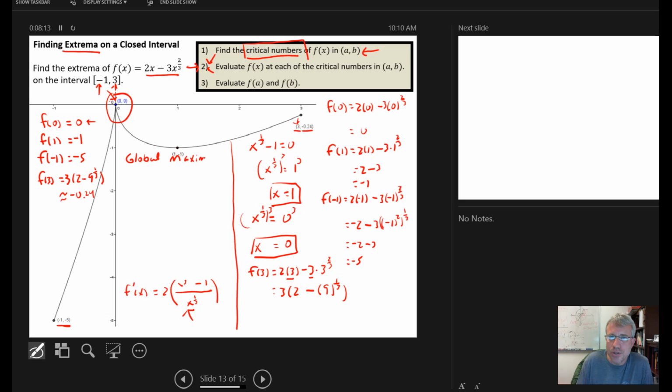I have a largest output of 0. Right? 0 is the biggest of the 4 output numbers. A global maximum of 0 on the closed interval from -1 to 3. So a global maximum of 0 at input 0, output 0.